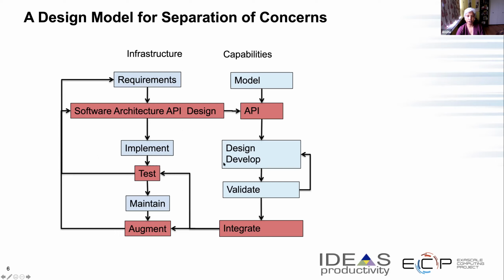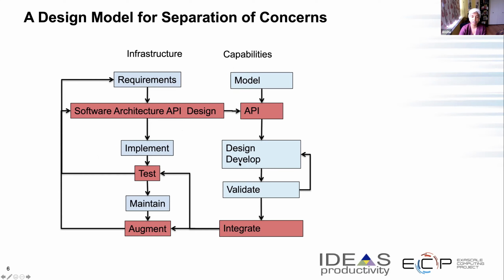The second part of it is what I have been calling the client code. For them, there is this cycle: design, develop, and validate. This can happen completely outside of the framework. People can even do this in Python or MATLAB, basically build their prototypes, implement their algorithms, and convince themselves that they have all the characteristics of stability and convergence they need.